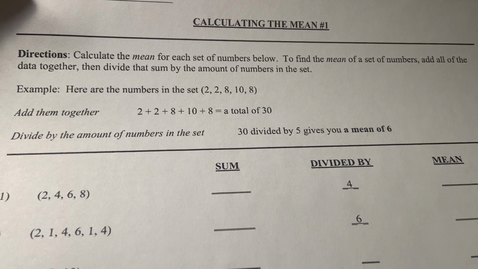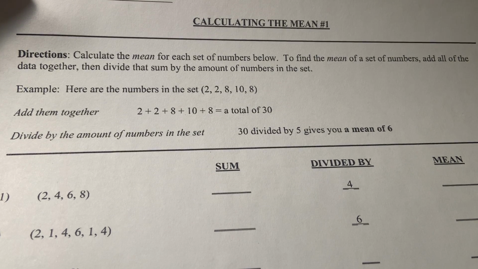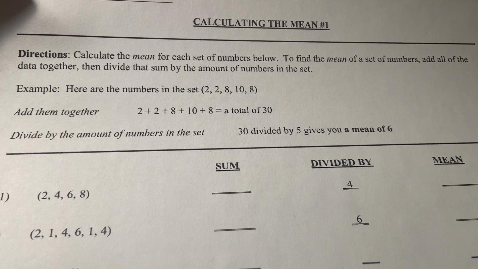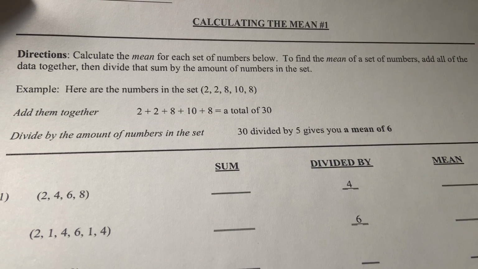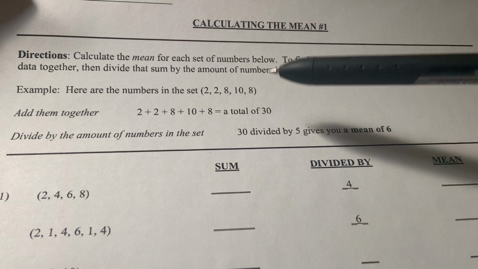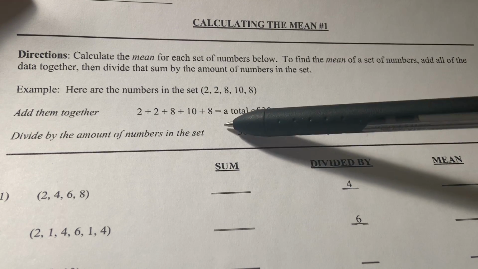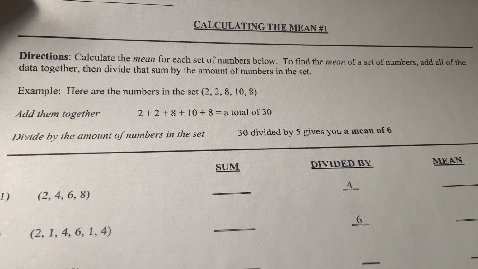Okay, so very simple example is imagine you get 5 tests back and you want to know what your average is for that class. You are finding the mean. Basically, you are looking for the mean, and you do it this same way. You just add all of the scores together and you divide by the number of scores you have, and that gives you your average, also known as the mean.